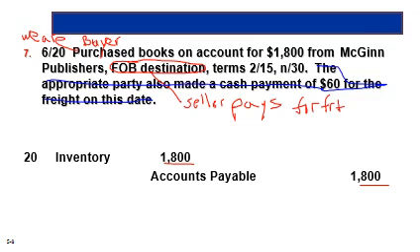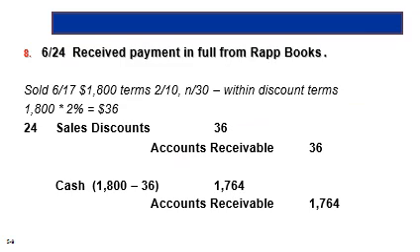So we're not interested in this. And our terms are going to be 2/15 net 30. So we're going to need to know that when it's time for us to pay for this. So inventory goes up 1,800 and we have an obligation to pay or accounts payable for 1,800.